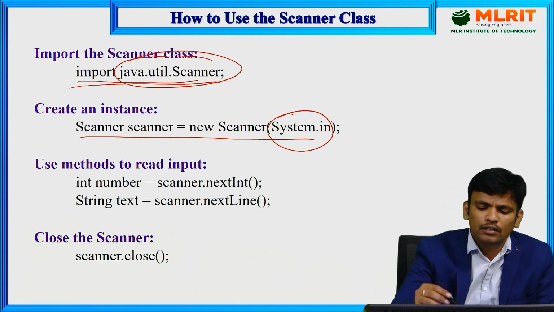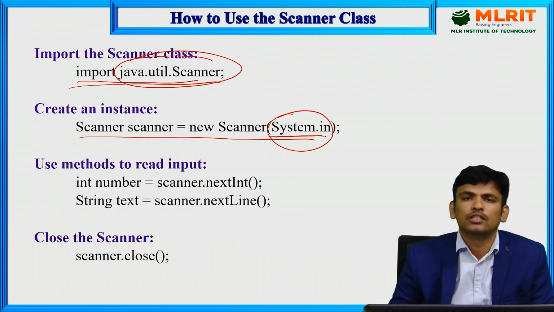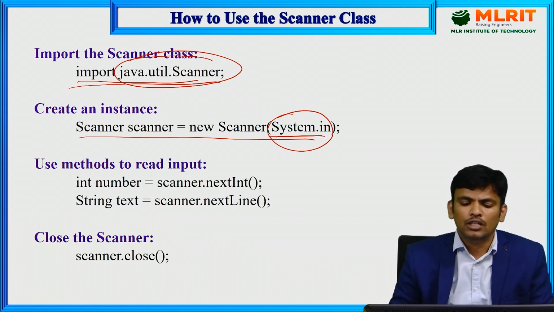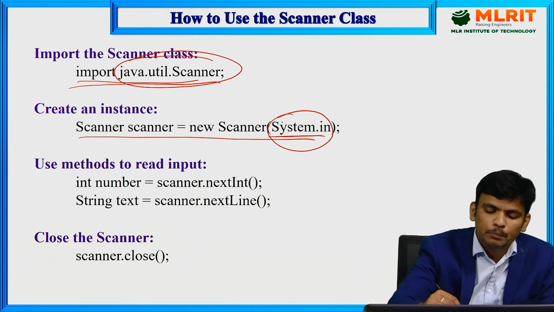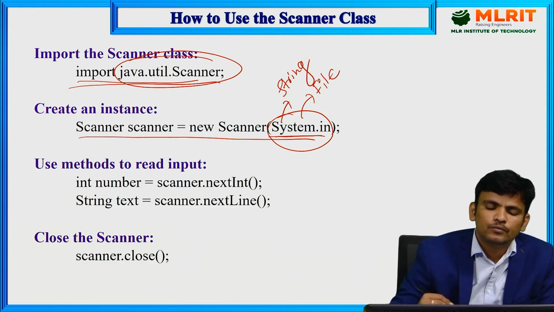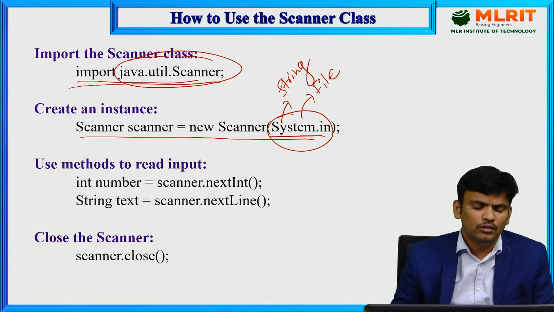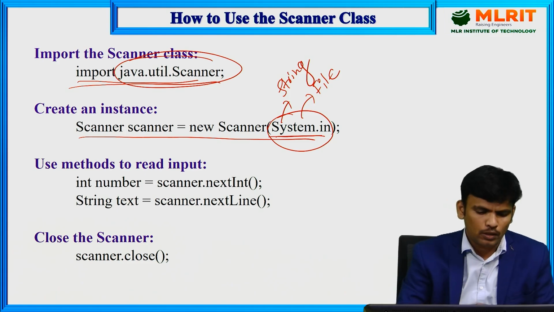Again, I repeat, till now we have only learned reading input from the keyboard. Apart from the keyboard, we can also pass a string as an argument here, or a file. So in three ways we can read input using the Scanner class, and all these approaches we'll see programmatically.